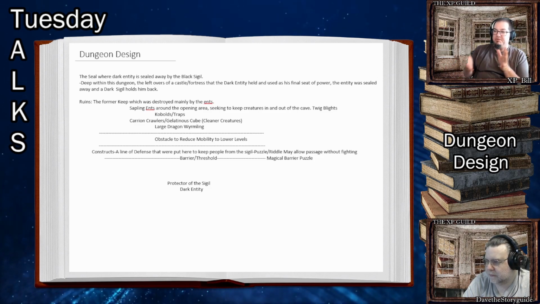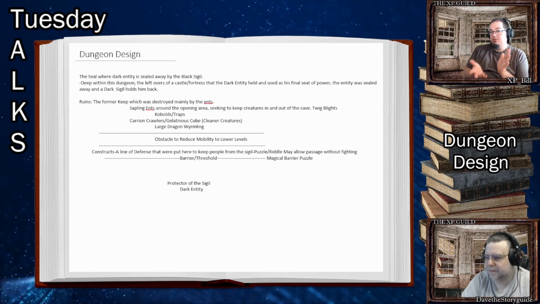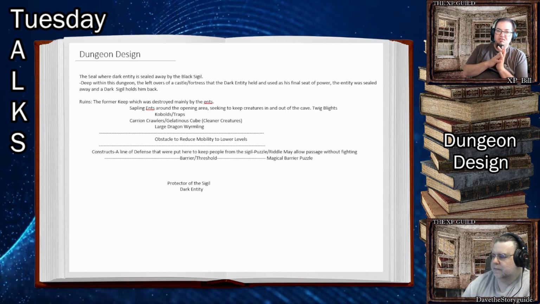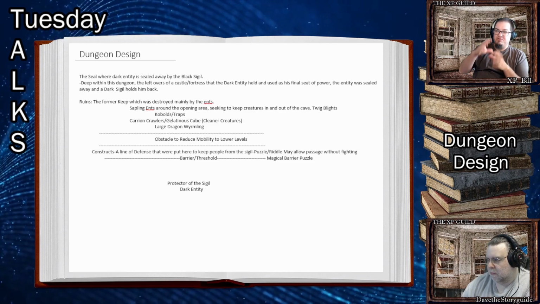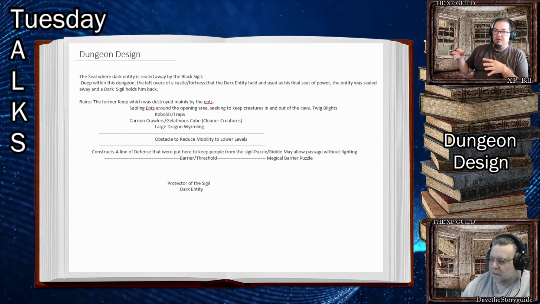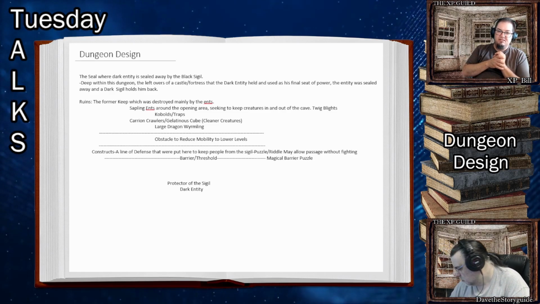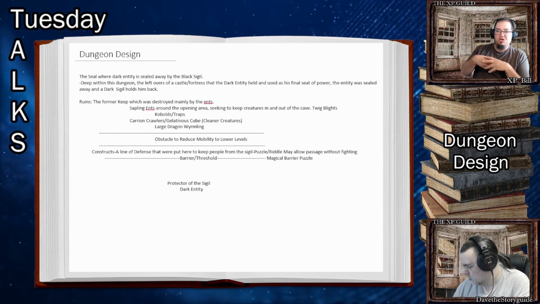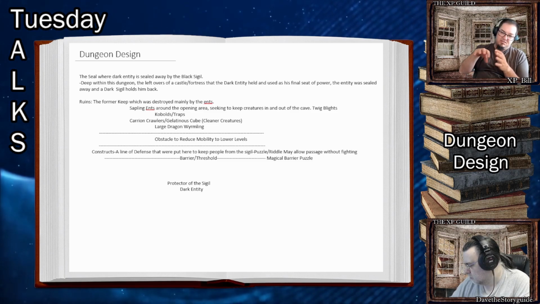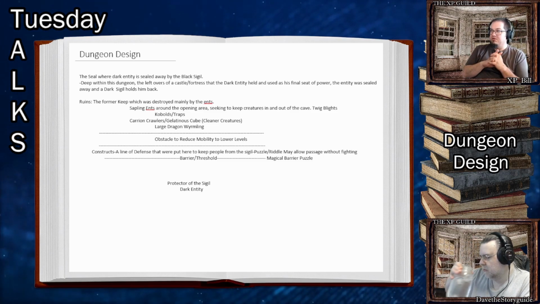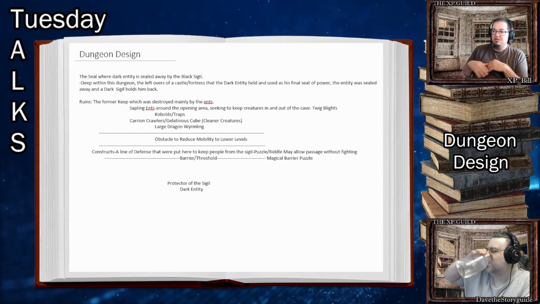Erasmus puts in there that perhaps it needs some form of key. I love that idea too, because it allows for someone to find a thing. Perhaps the main construct that protects this layer has in its heart a stone that needs to be inserted in order to open this door.